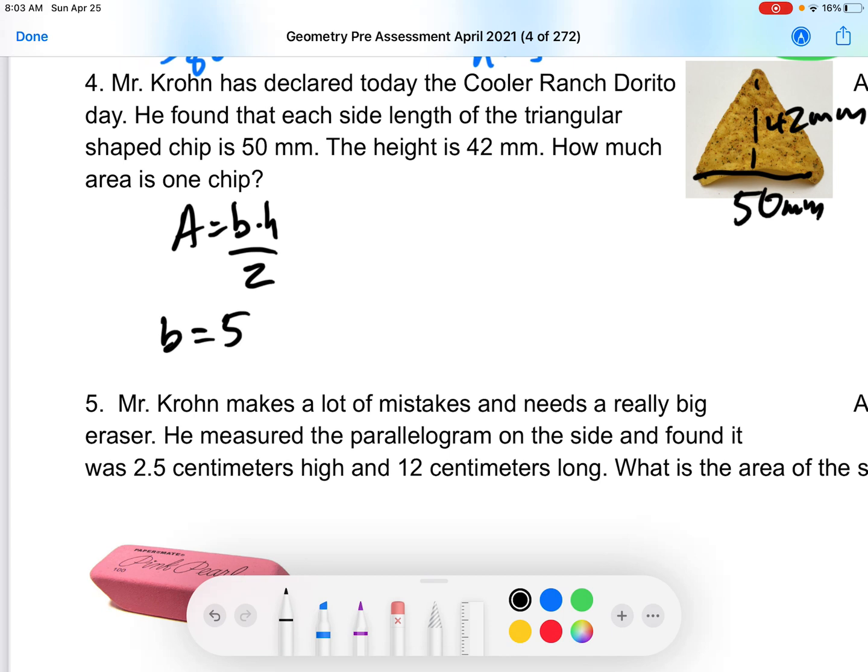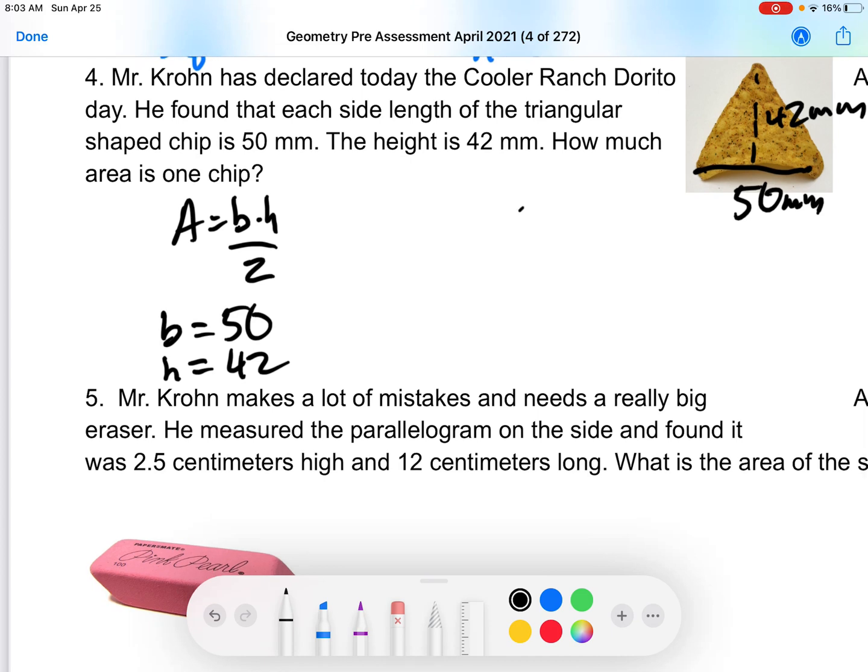Area of a triangle is base times height divided by 2. Base is 50 and the height is 42, and so we need to multiply those. Just for change of pace, I'm going to do it as a generic rectangle.